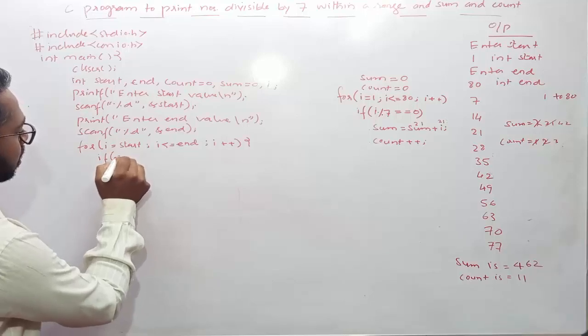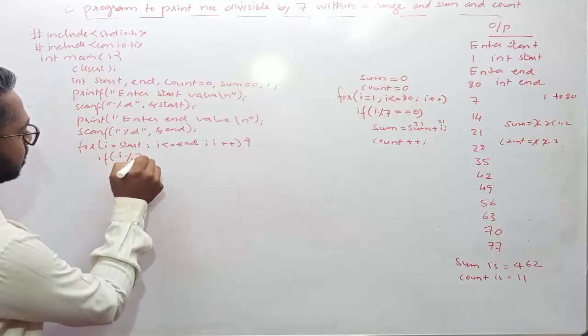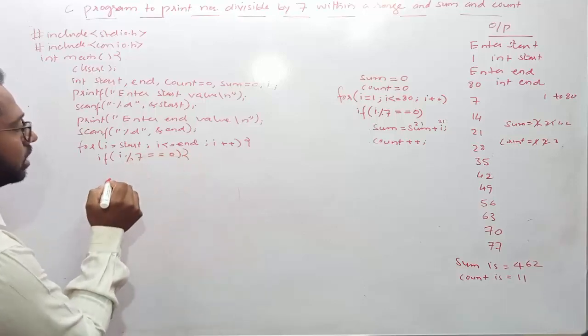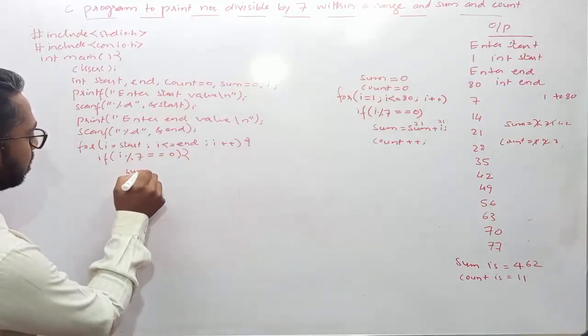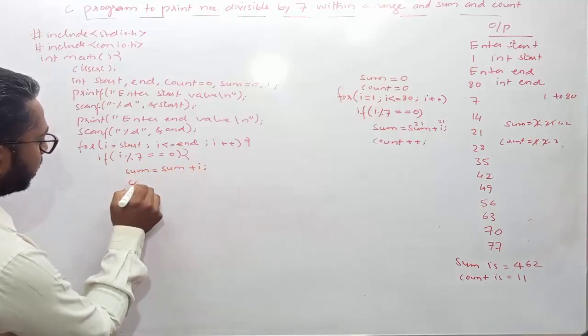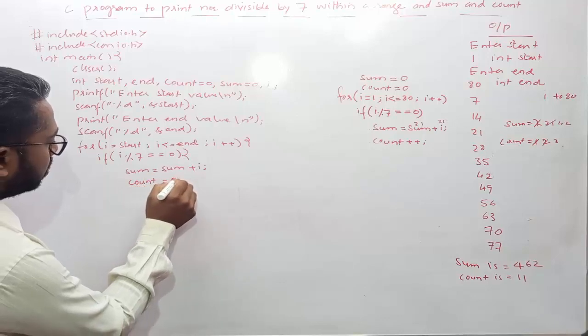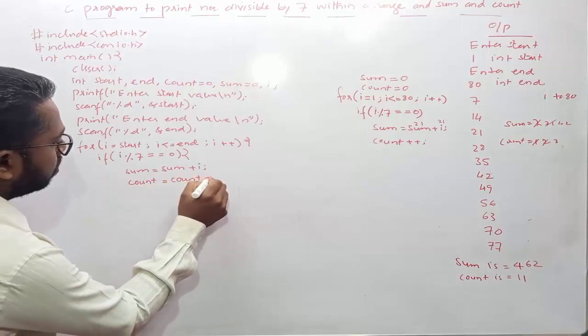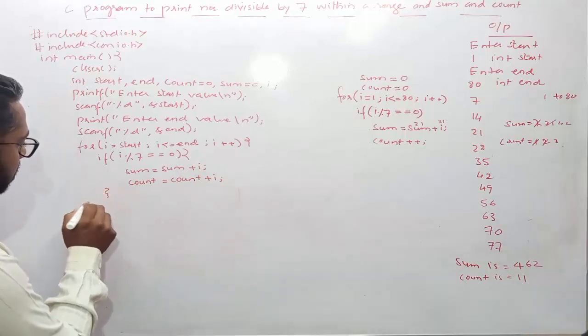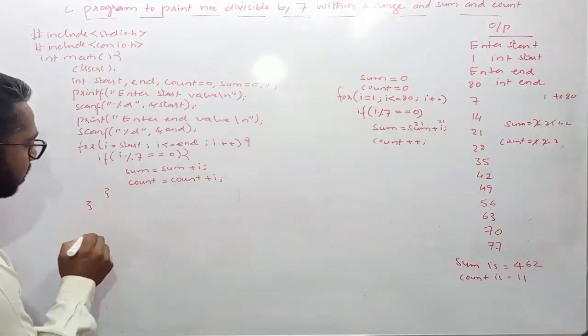If I mod 7 is equal to 0, then curly open bracket, sum equals sum plus I, then count equals count plus 1. Next bracket closed, if bracket closed, for bracket closed.